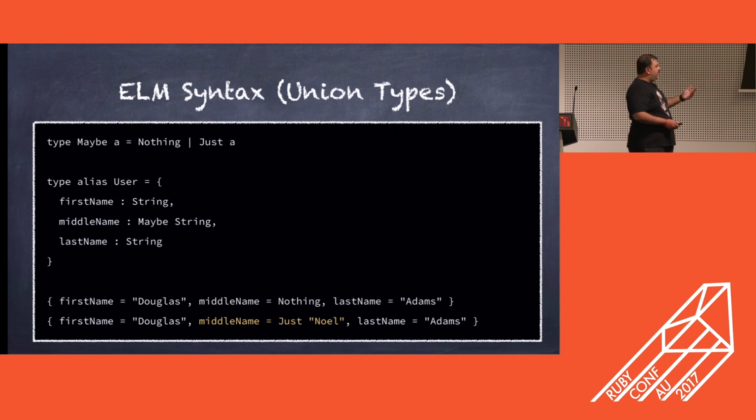Now imagine that you're reading this record just like the userPhoto function, and we have to read the middle name. If you use the case statement to read the middle name, it will be exhaustive. So you have to handle a case for Nothing, and a case for Just null. It's not going to cause you a null exception or anything like that, because you are explicitly handling both cases.